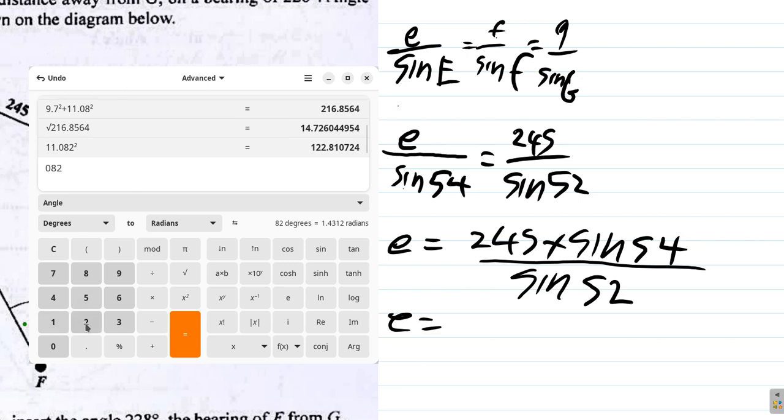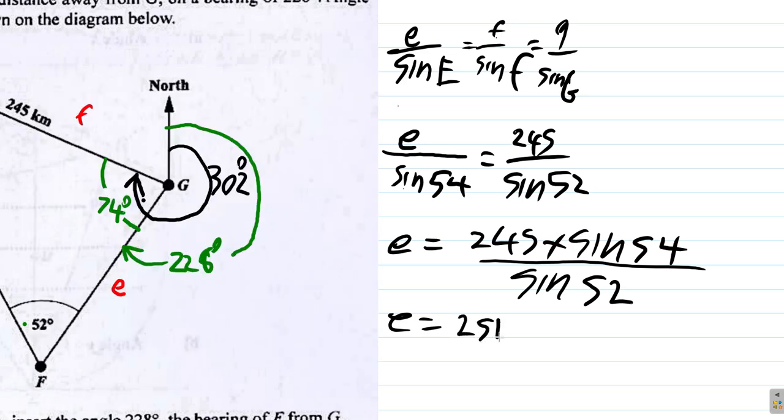Alright, so 245, oh, let me clear the calculator. 245 times the sine of 54 over the sine of 52 equals 251.53.